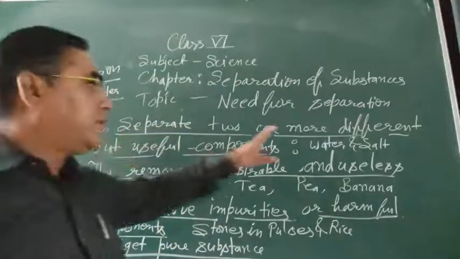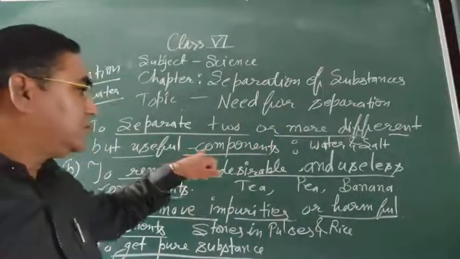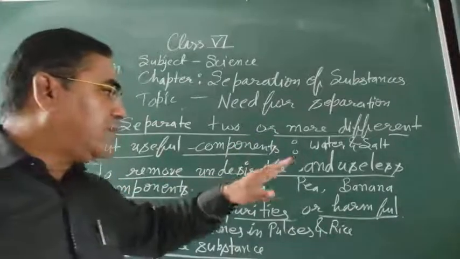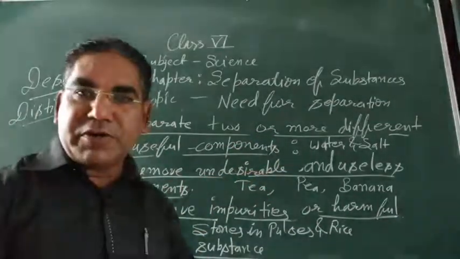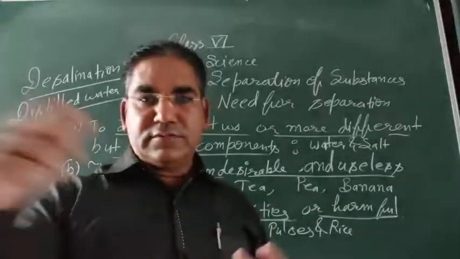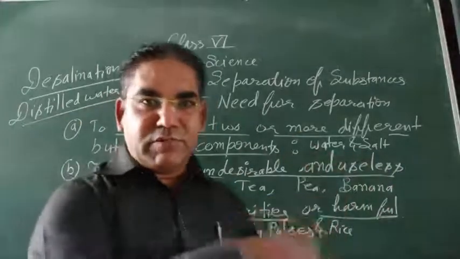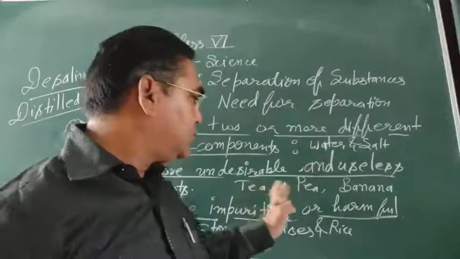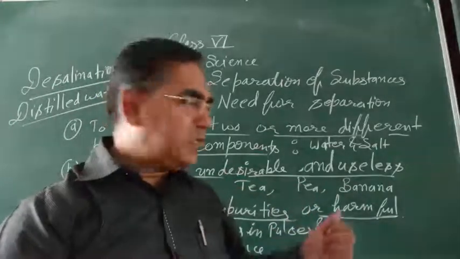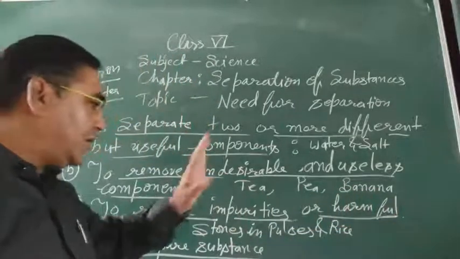Number one, to separate two or more different but useful components, water and salt. To remove undesirable and useless components like tea leaves. When the tea is ready, we filter out the tea leaves. Peels of peas, bananas, we remove their peels.